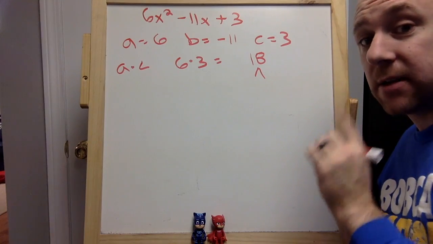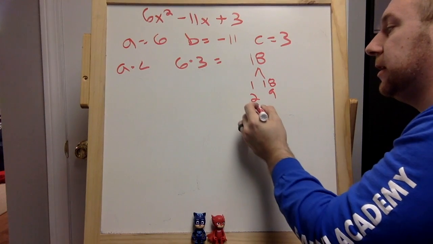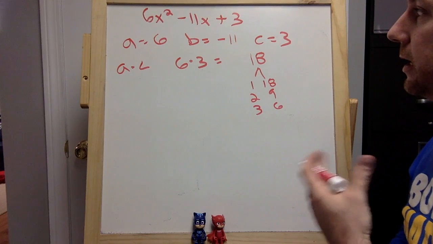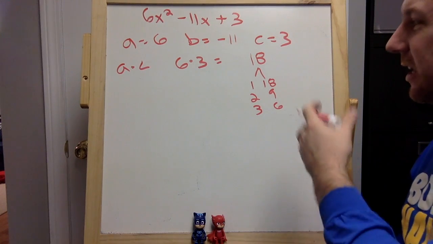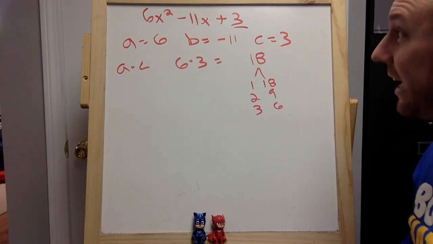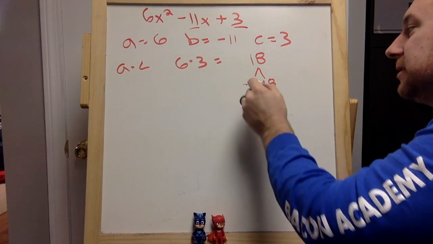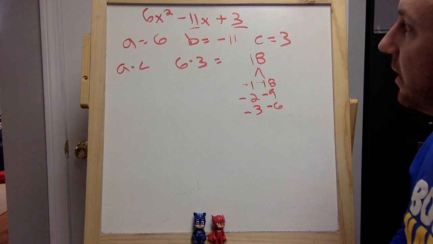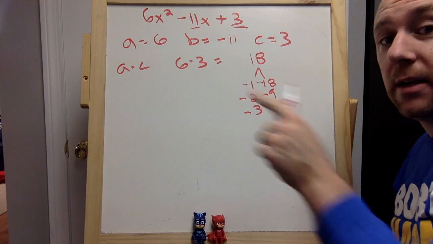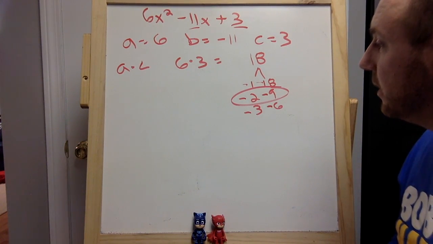So find the factors, step 2. So 1 and 18, 2 and 9, 3 and 6. And now I look for, okay, I can play around with signs here, but if C is positive and B is negative, I know both of these are going to be negative. All right, which set of factors make negative 11? That's going to be this -2, -9.